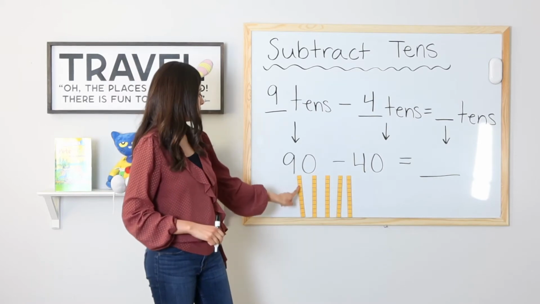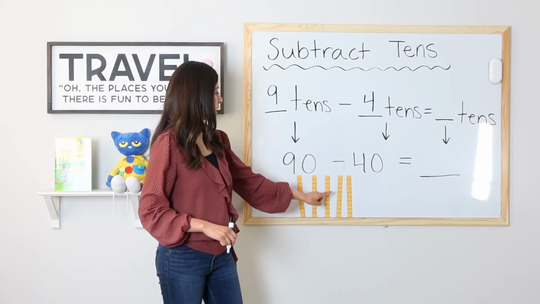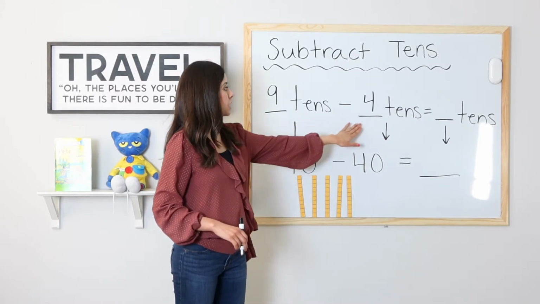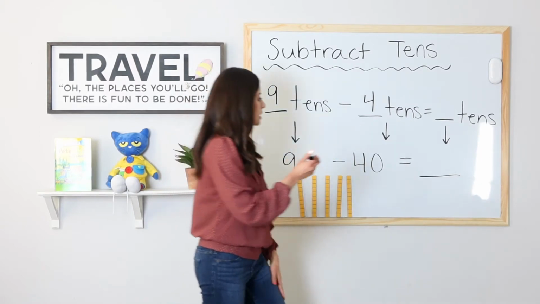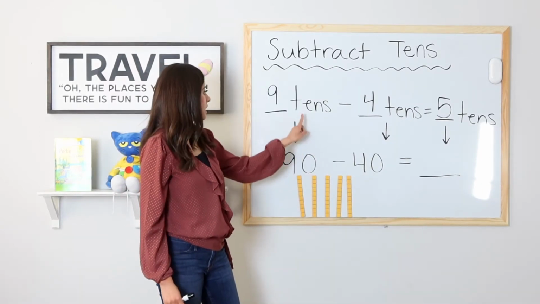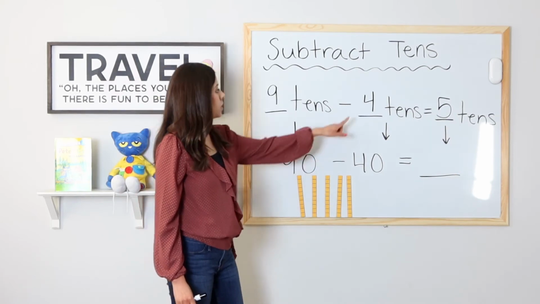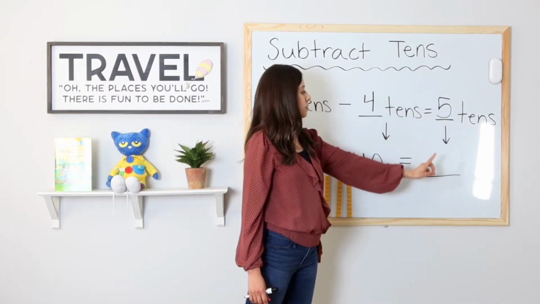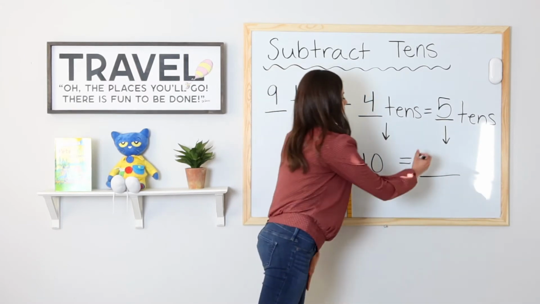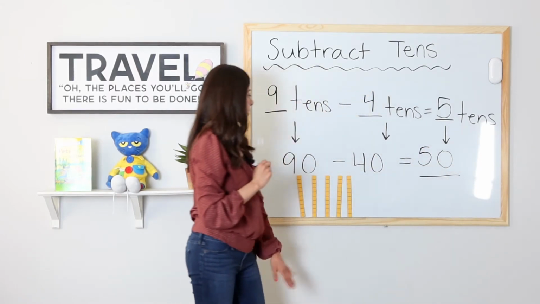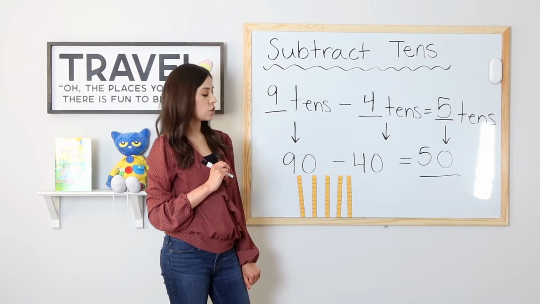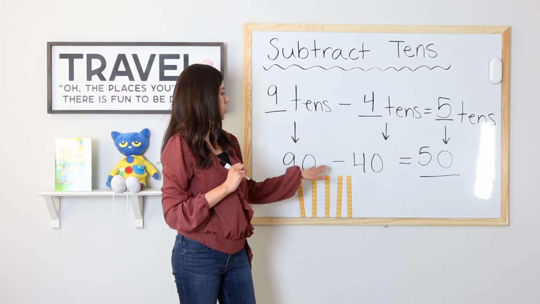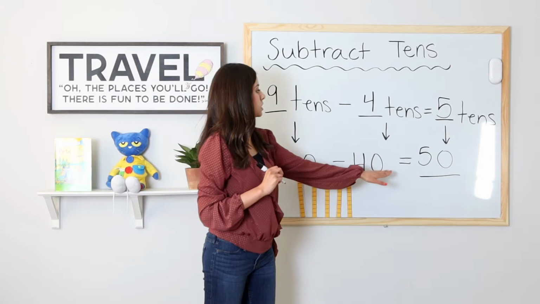I have 1 ten, 2 tens, 3 tens, 4 tens, 5 tens. 9 tens minus 4 tens equals 5 tens. Now let's not forget, 9 tens is the same thing as 90, 4 tens is the same thing as 40, and 5 tens is the same thing as 50. 5 tens equals 50. Watch. 10, 20, 30, 40, 50. So 90 minus 40 equals 50.